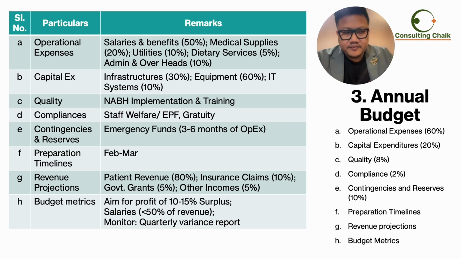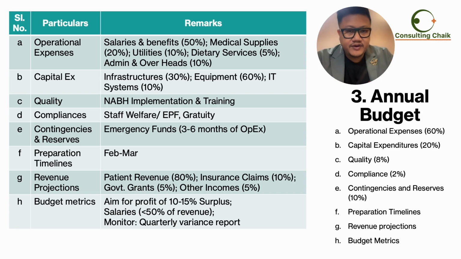And then your budget metrics. In budget metrics, you need to aim for a profit of 10 to 15% surplus. So the revenue projections that you do, the profit predictions, the forecast that you're doing, you should try to increase it through various means, all ethical means.